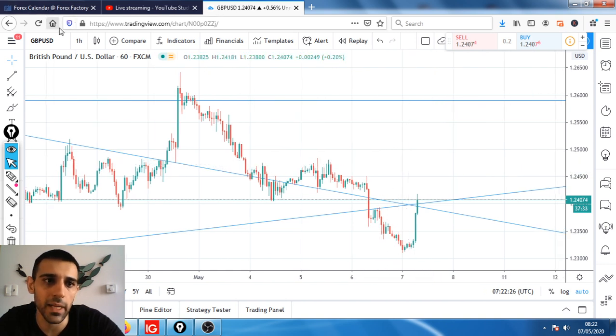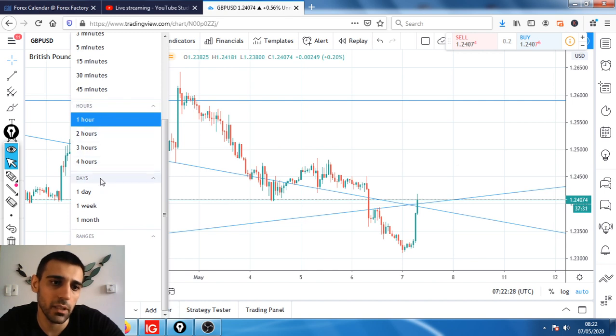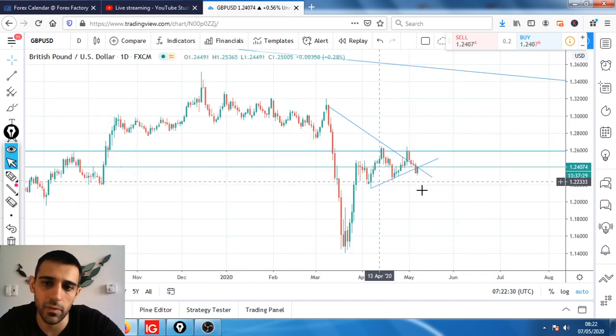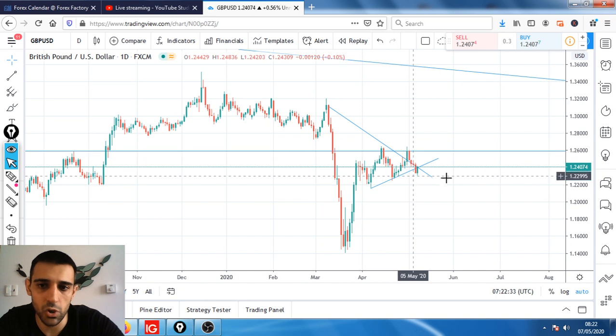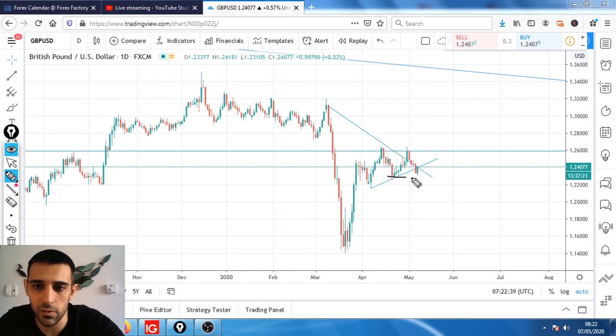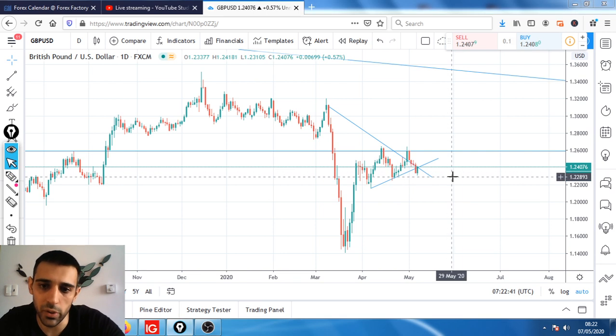That's what we're looking at. But on the daily time frame, it's in a choppy range, so if the price decides to turn around, it's most likely going to go down to this level. That's what I was looking for in the last hour.